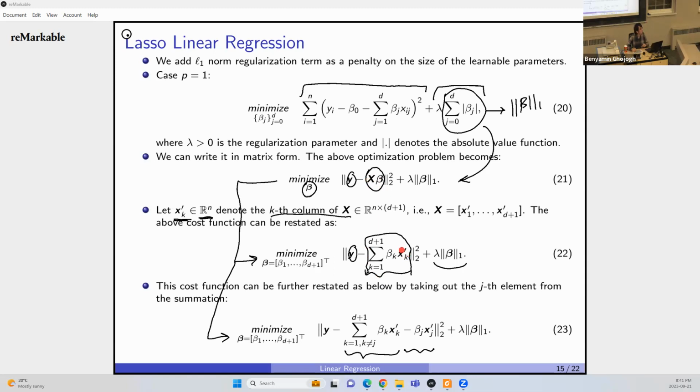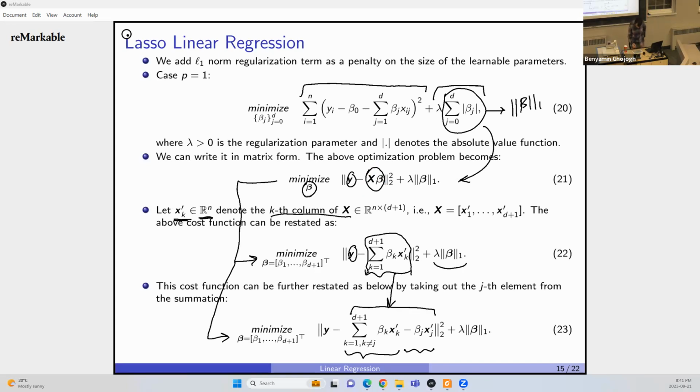Xk prime means the kth column of X. So in this matrix multiplication, I can assume that I'm multiplying every element of beta by every column of X, and then I sum them up. Now your question is this, right?